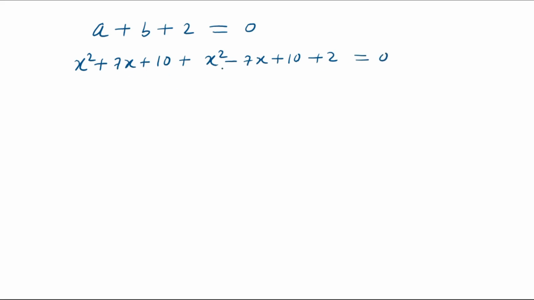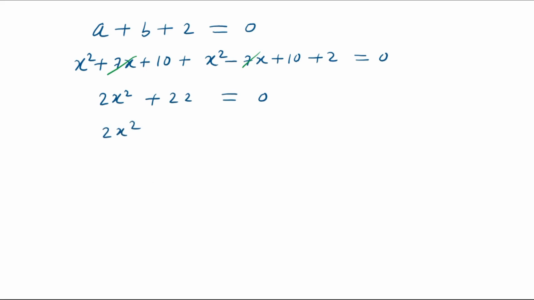X square plus x square is twice x square. This is plus 7x and this is minus 7x; both cancel out. Here 10 plus 10 is 20, and 20 plus 2 is 22. This is equal to 0.